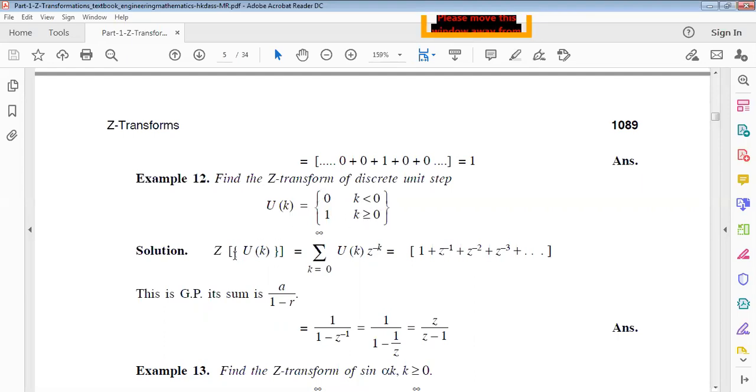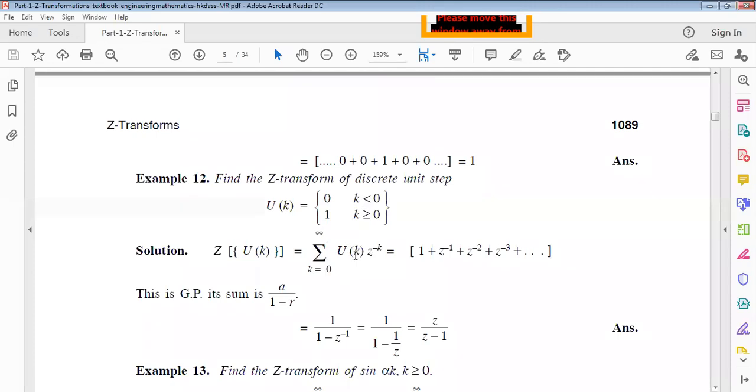Then the z transform of this sequence u(k) can be written by the definition like this, summing from 0 to infinity. Why 0 to infinity? Because for non-negative k the value is only 1, and for k less than 0 the value is 0, which cannot be accepted. So it can only be defined from 0 to infinity, since the sequence is only 1 there.